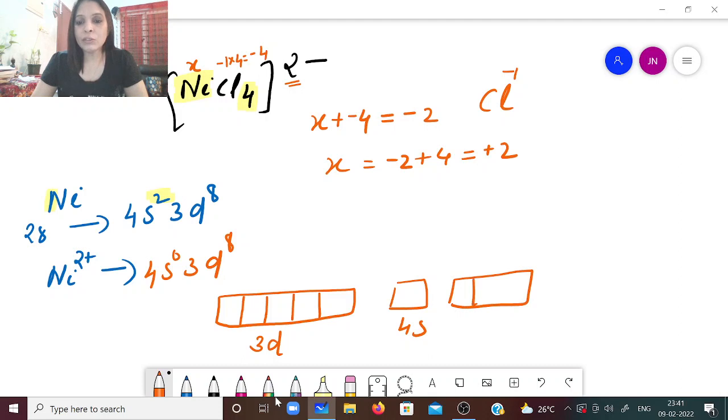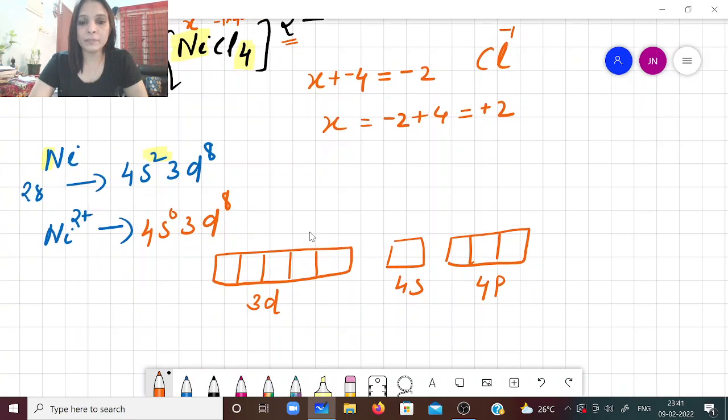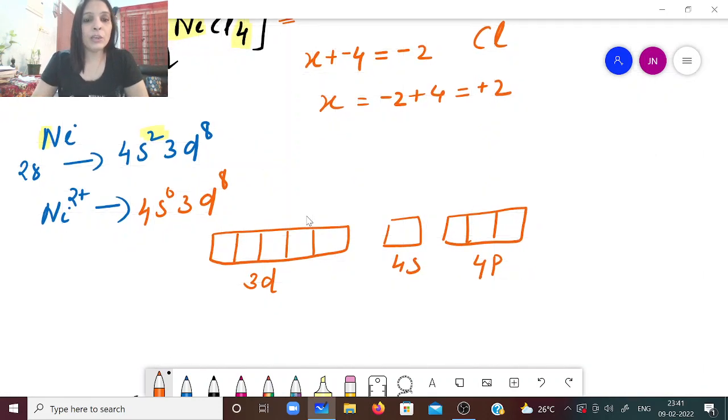Even though 4d is also there, it is not useful here, so I am not drawing 4d. Now, in 3d, how many electrons are there? 8 electrons are there. So these 8 electrons I am going to write according to Hund's rule of maximum multiplicity: 1, 2, 3, 4, 5, 6, 7, 8. So you can see that 2 unpaired electrons are there.